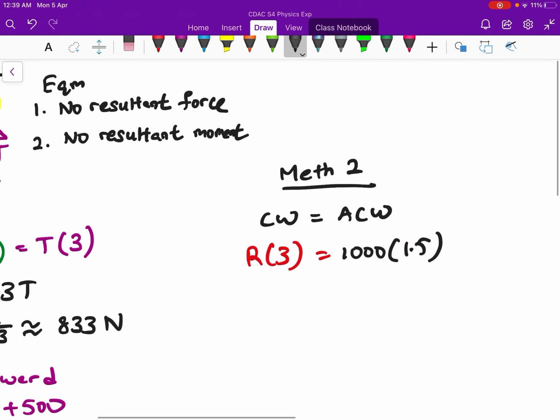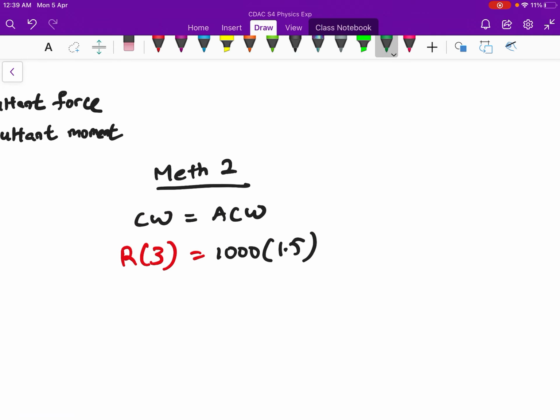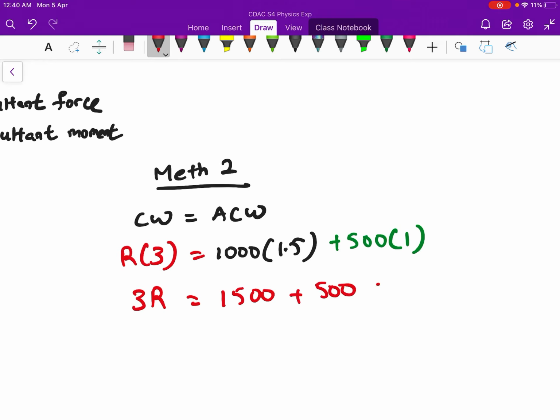So we get 3R equals 1500 plus 500, which is 2000. So R is 2000 divided by 3, which is about 666.7, or 667 Newton. It should be the same as the first method.